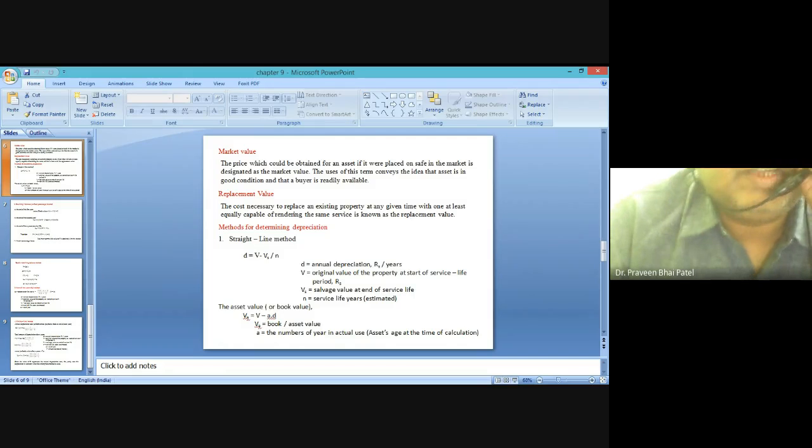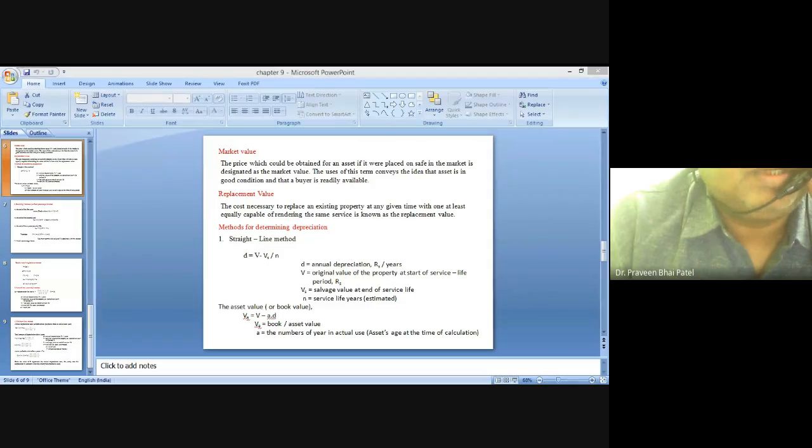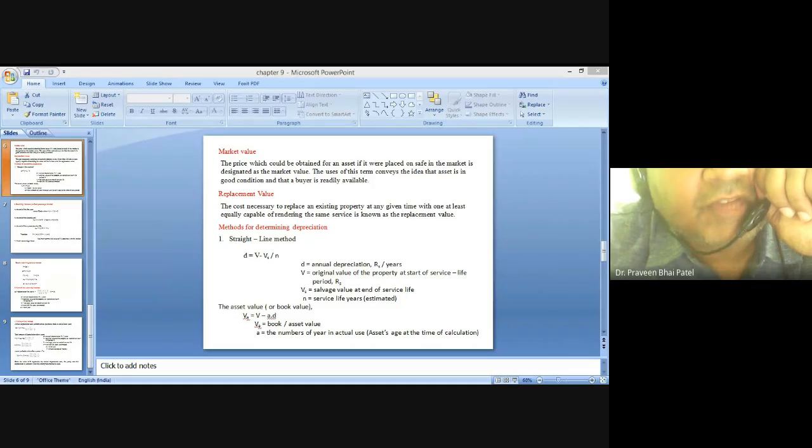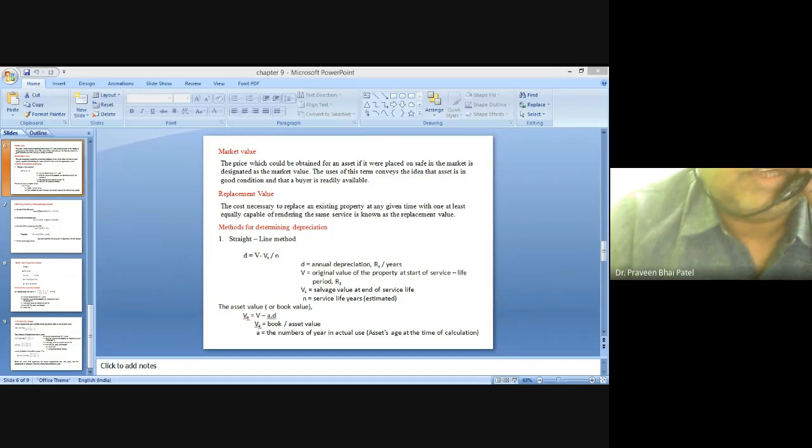For this, I will take a very simple example to study this point. The example is, suppose any businessman buys a delivery truck of rupees 30,000. When he buys a delivery truck, it is expected that the life period of that delivery truck is 10 years. So what will be the worth value over 10 years? So what is here?